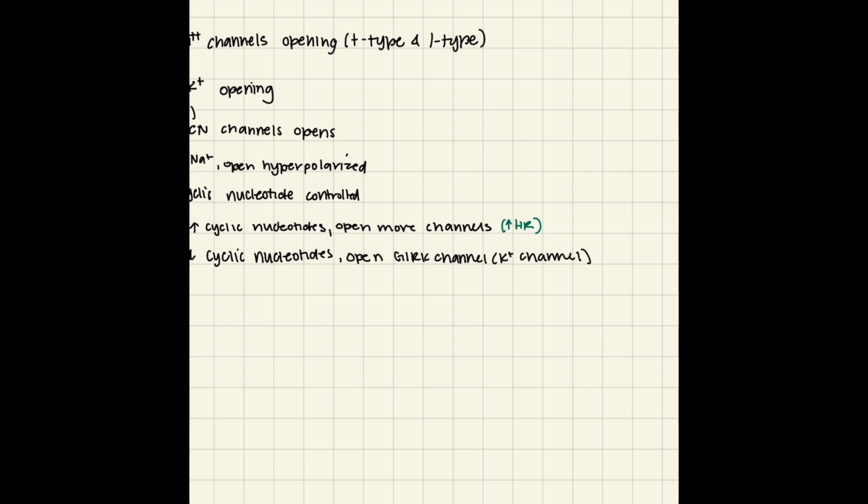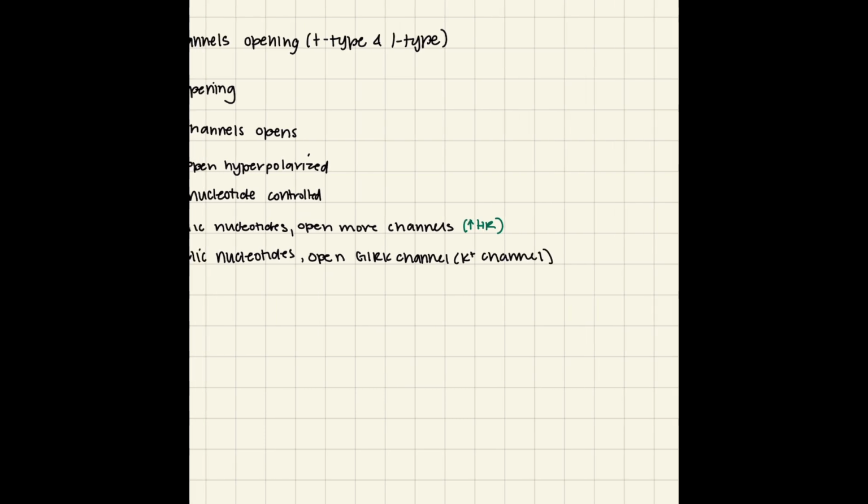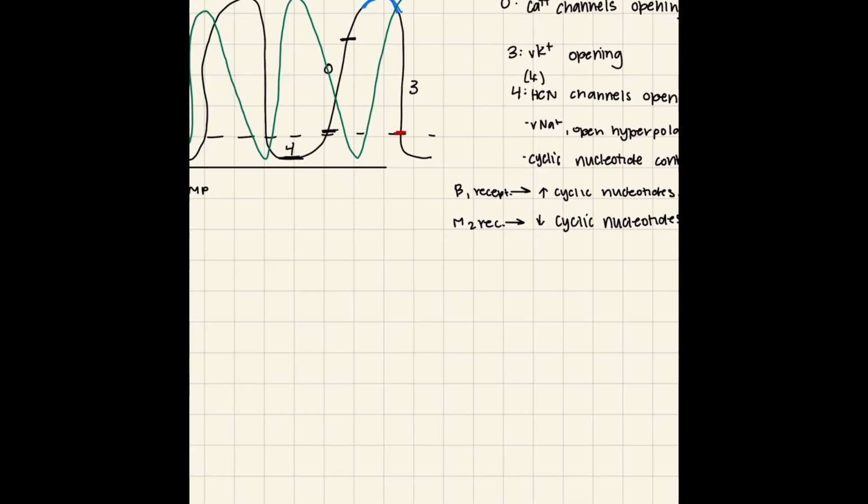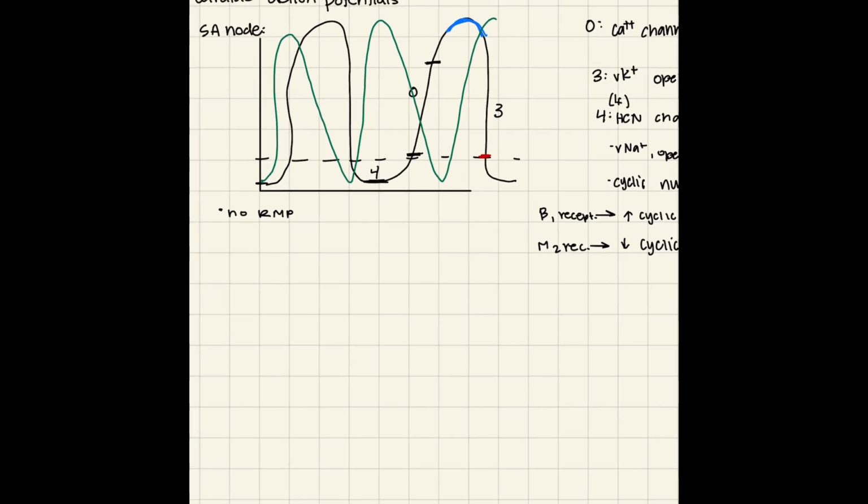So we slow depolarization, which decreases heart rate, because it takes longer to depolarize: potassium is flowing out while sodium is flowing into the cell. So your depolarization looks something like that, then an action potential, then you depolarize again. So you slow down.